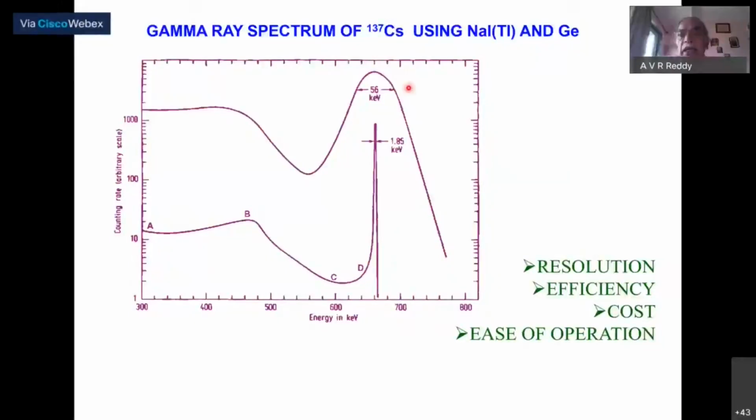When you talk about a good sodium iodide detector, the resolution is 56 keV at 661 keV. Whenever you quote a resolution, percentage is not a good one, but you have to quote the actual value at what energy. That's very important. Whereas the same one, if you use germanium, is just 1.85 keV.